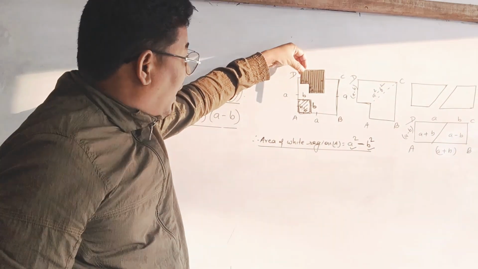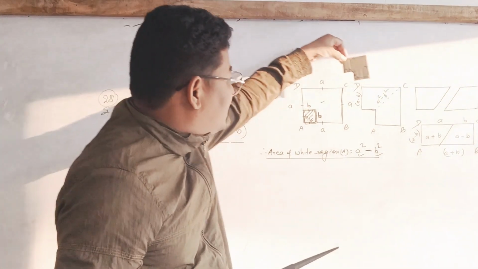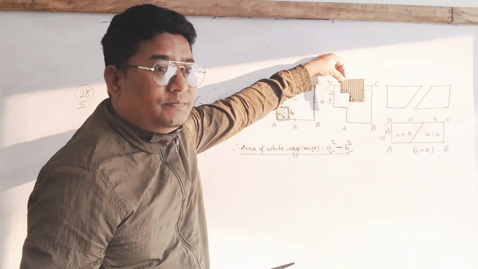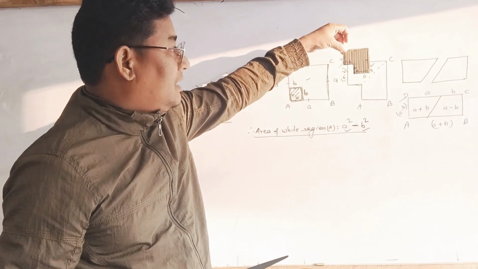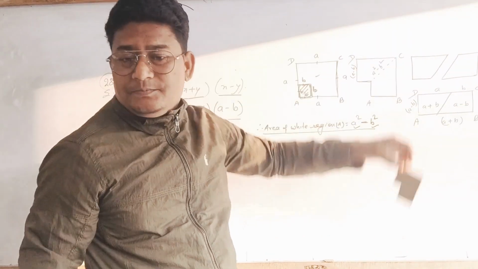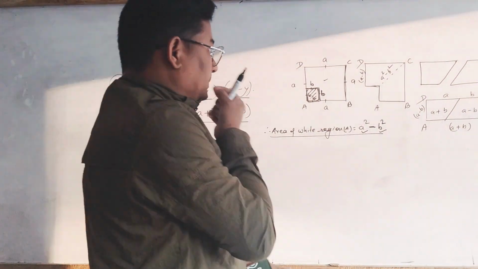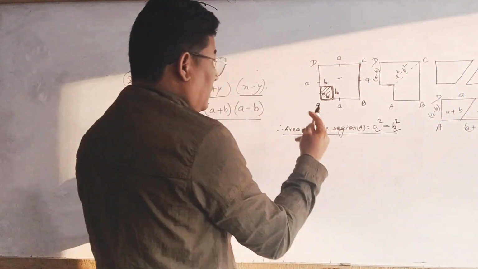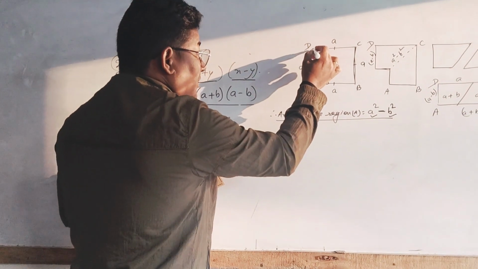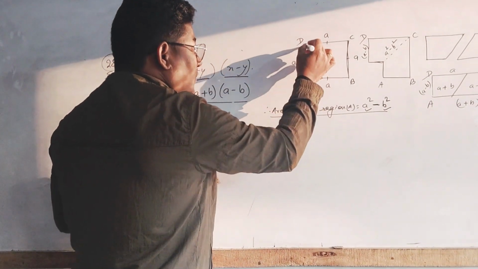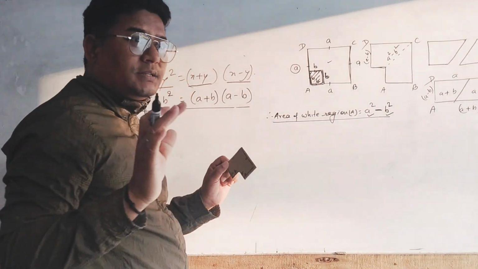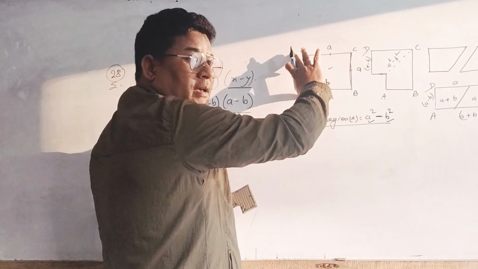Now, after the first figure, it looks like the second figure. Yes? Is it exactly like the second picture? And this length AD equals A. Yes? The length of AD is A.